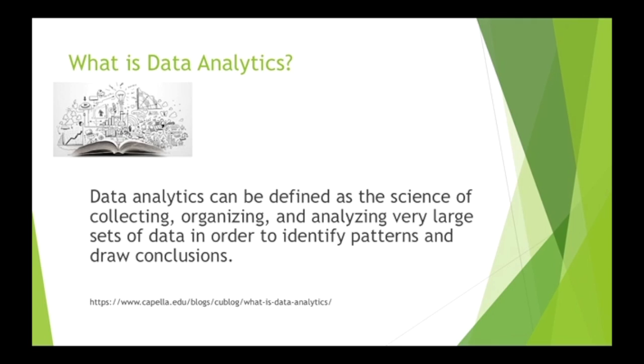What is data analytics? Data analytics can be defined as the science of collecting, organizing, and analyzing very large sets of data in order to identify patterns and draw conclusions.